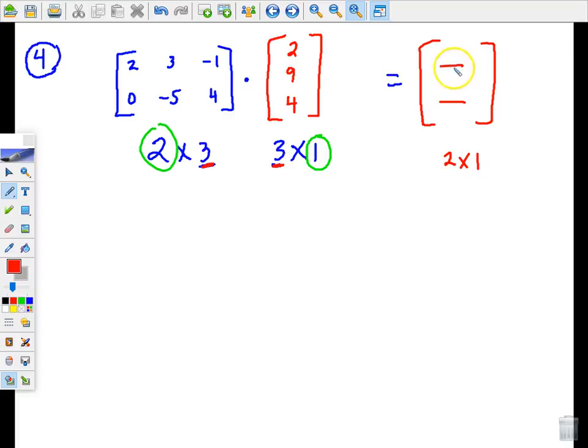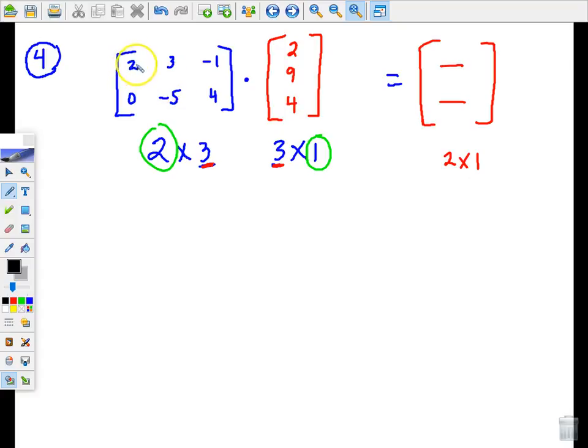So once again, I would strongly recommend you setting up your blank matrix so you know exactly what your answer is supposed to look like. Okay, so let's work on this. This is row 1, column 1 of the answer. So let's use row 1, column 1. Of course, there's only 1 column. It's got to be column 1.